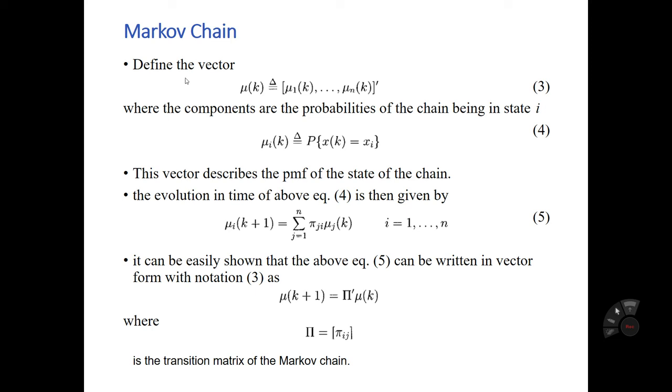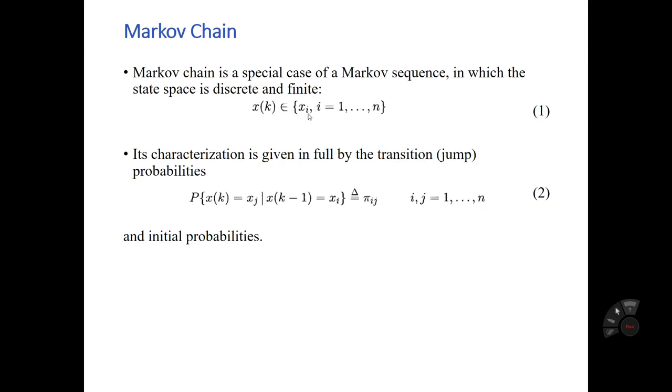For example, define the vector like this. This vector is the probability of target existence, where the components are probabilities of the chain. Suppose u1 of k is the probability of x1, and u2 of k is the probability of x2, where x1, x2 are the measurements, like this xi.